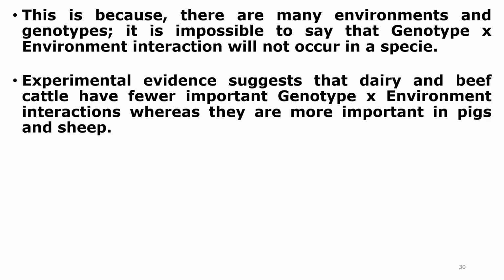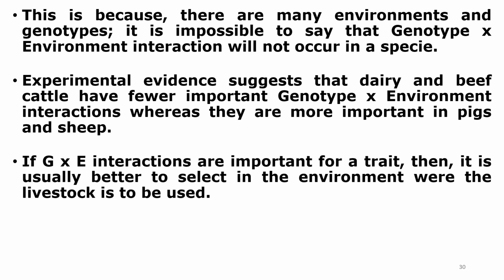Evidence suggests, for example, that dairy and beef cattle have fewer important gene and environment interactions, whereas these kinds of interactions are very important in sheep and in pigs. So if gene and environment interactions are important for a trait, then it is usually better to select for that trait in an environment where the livestock is supposed to be used.